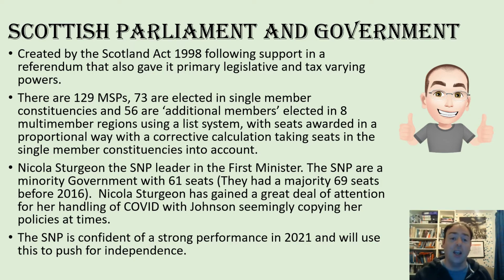They're elected out of 8 multi-member regions using a list system, with seats awarded in a proportional way, with a corrective calculation taking the seats of the single member constituencies into account to try and assure fairly proportional outcomes.